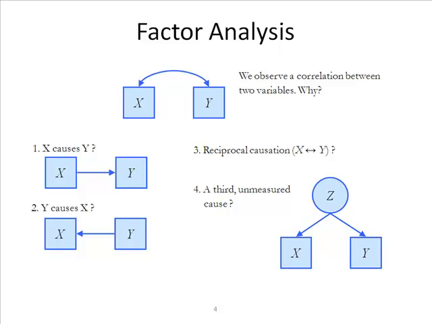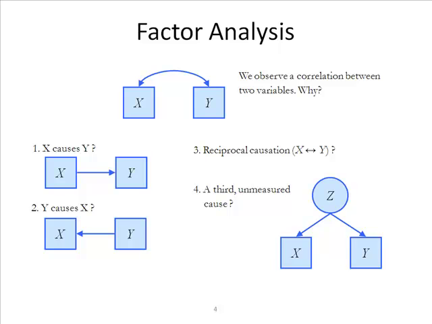We can either think about this correlation in terms of x being a cause of y, or y being a cause of x, or in terms of an unmeasured third cause, z, for example, that is causing both x and y, and that is causing the apparent correlation between x and y. So it's not really x causing y or y causing x. It's some unmeasured cause that is causing both to appear to be correlated.